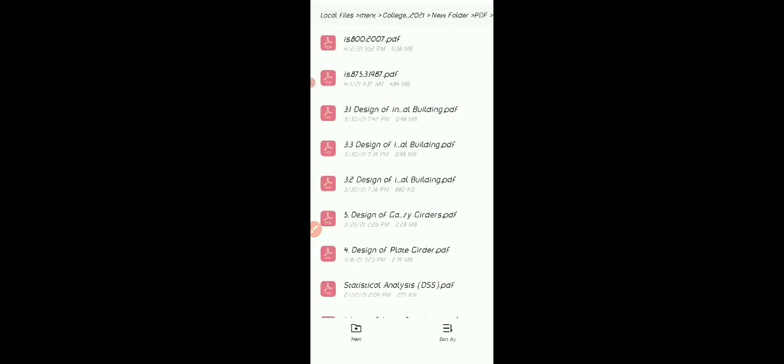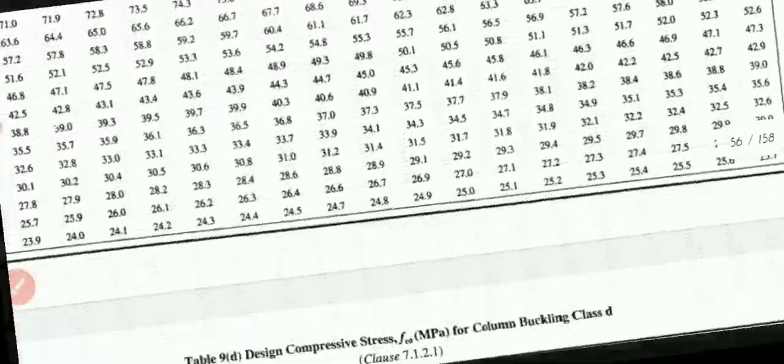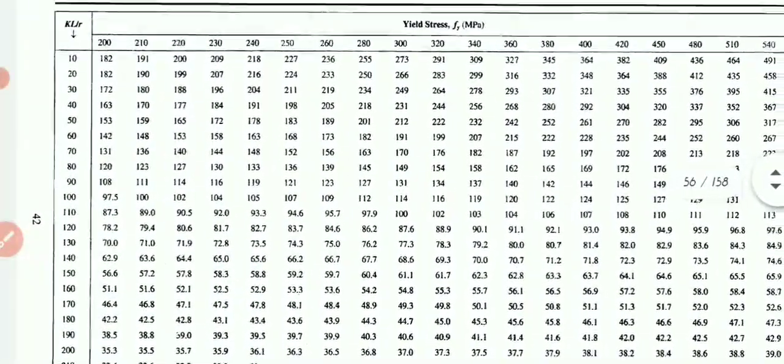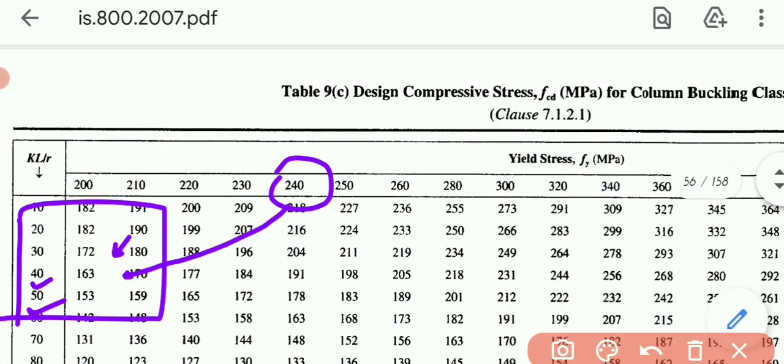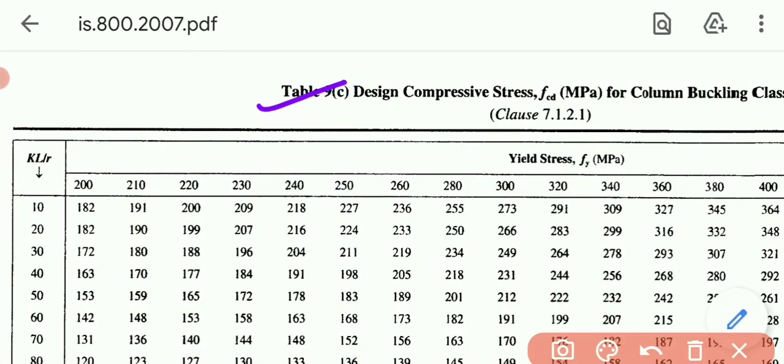Let's go to table number 9C, page number 42. We will get the FCD. Say for 26.65, just a minute, let me zoom the sketch. See, table 9C, and yield stress is 250. Now our KL by Ry is 26.65, so we will get the value by interpolation.